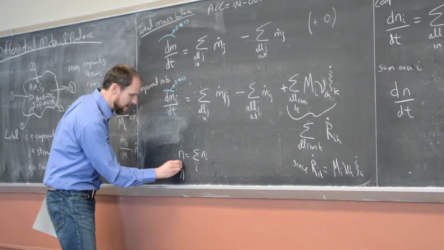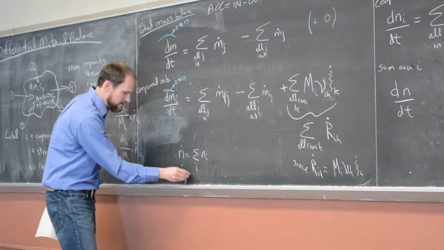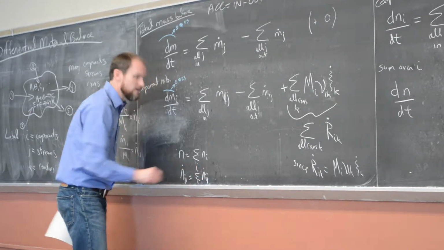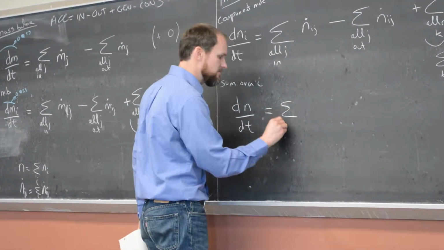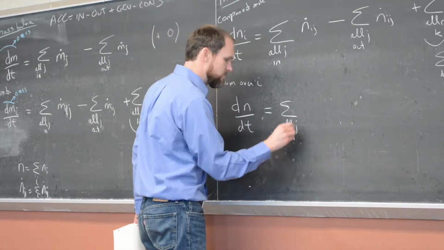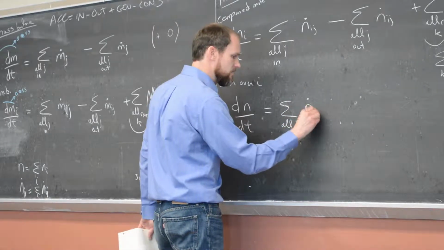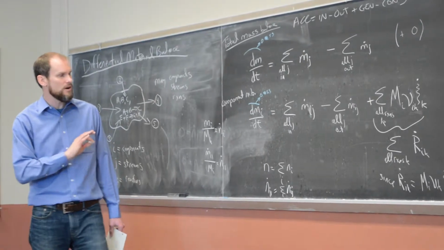So n dot j is the sum of n dot ij over all i's. So the total number of moles in the system is the sum over all streams j in of n dot j. N dot j is the total of everything in stream j, all the components i.